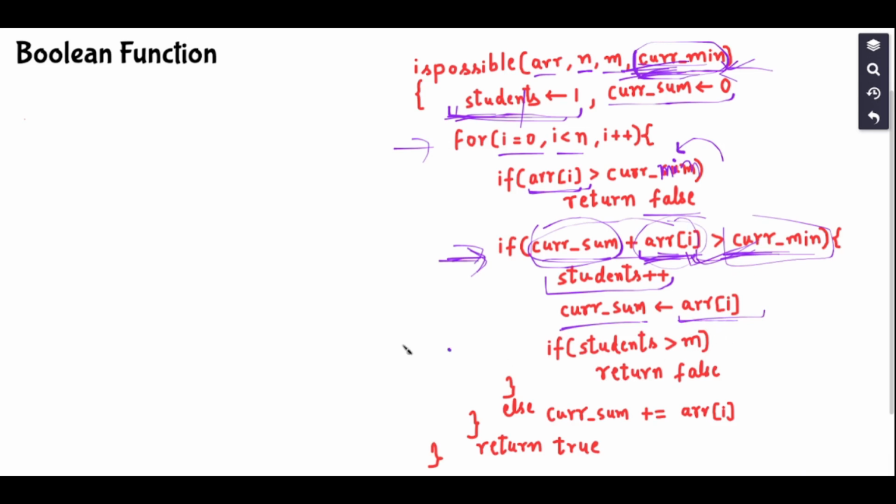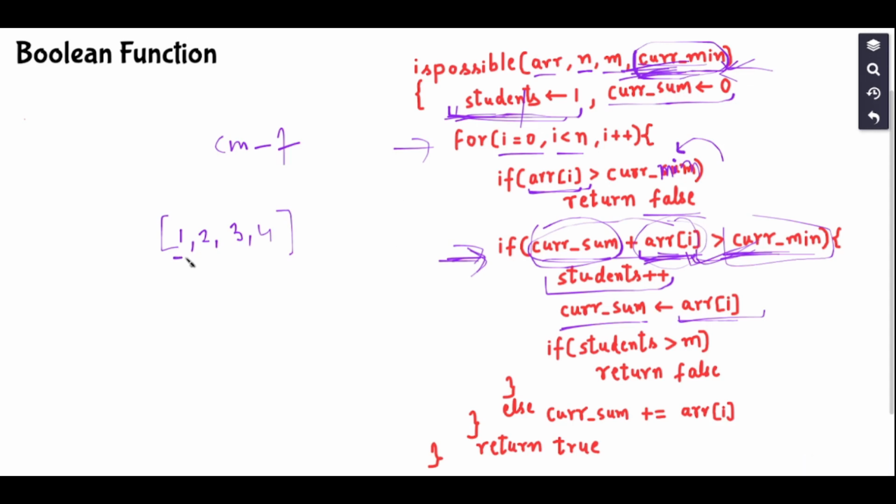Okay, so the same idea. Let's say we had 1 2 3 4 these type of elements, and this current min stores, let's say, 7. Now this is the running sum.